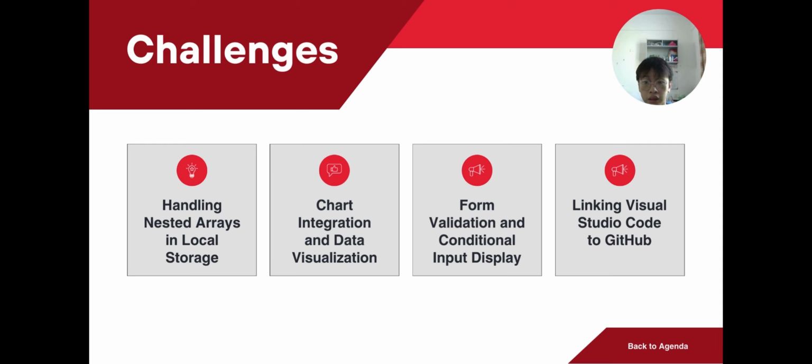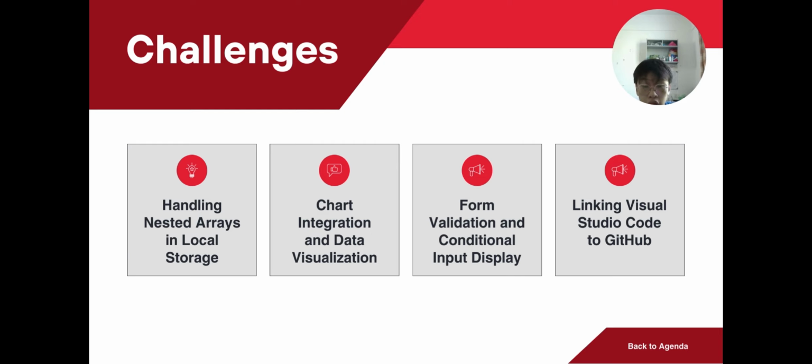The second challenge is chart integration and data visualization. To fulfill the requirement, we need to let the data become a chart, so the user can see it more easily. So we need to integrate Chart.js for data visualization, and ensuring that the chart accurately reflects the current state of the data is complex.